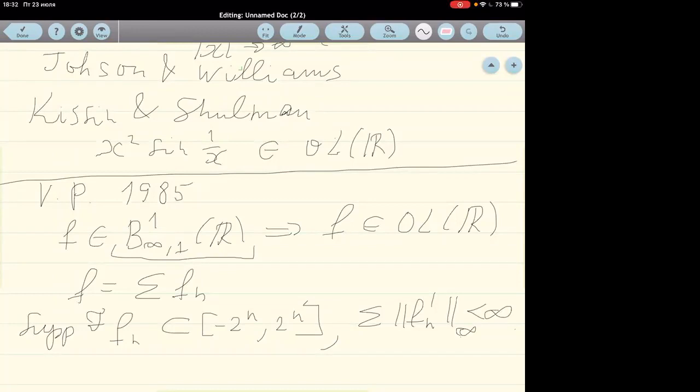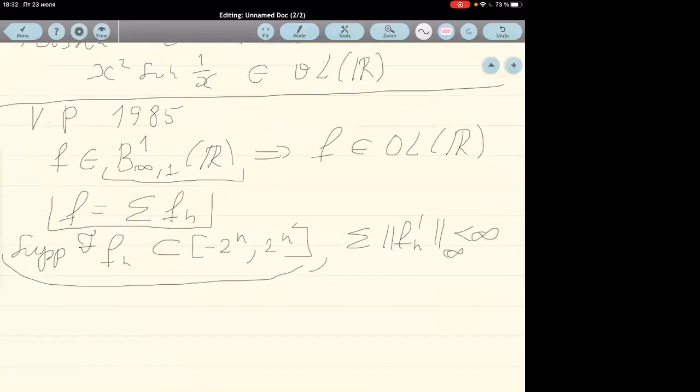There are many possible descriptions of this Besov space. The Lipschitz condition means that the derivative has finite L infinity norm. And this Besov condition assumes that we can expand f in a series with such a localization property for the Fourier transform, such that the sum of the Lipschitz norms is finite.